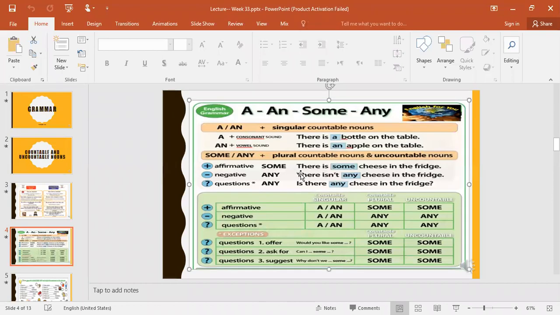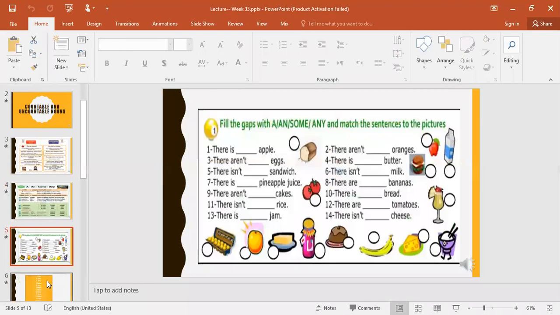So we can say there is some cheese in the fridge, there isn't any cheese in the fridge, and is there any cheese in the fridge? Okay. So we solved an exercise also related to these.